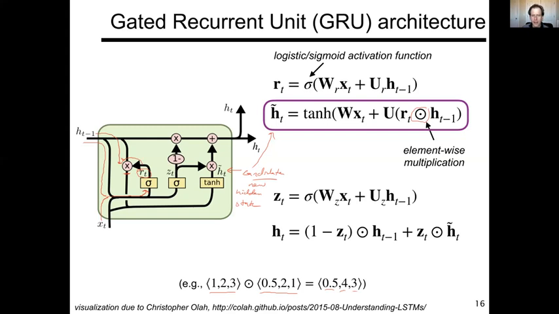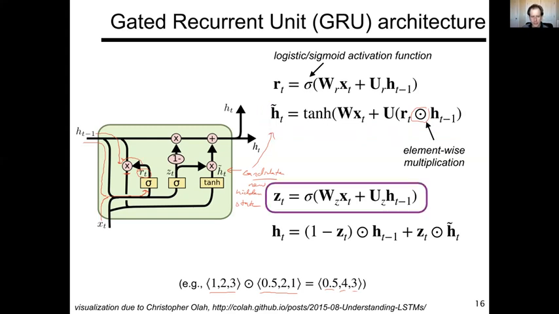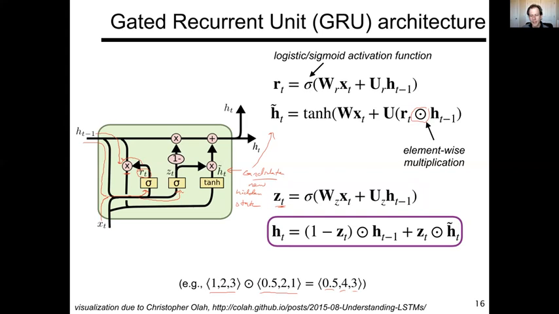But that is not immediately adopted as the new hidden state. Rather, instead, another gate is then computed. This is the Z gate. And the Z gate comes from, once again, the concatenation of the preceding hidden state and the input. Based on those two things, together with a nonlinear activation function, we get Z. And Z controls the extent to which we carry through the previous hidden state unperturbed versus update the hidden state to reflect the candidate.